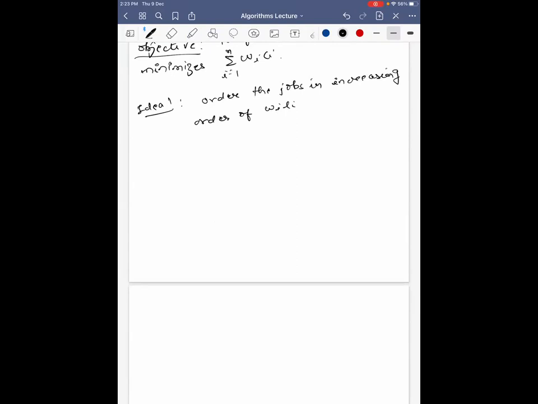So whenever you propose a greedy heuristic, you have to also show that it works. That is, it is eventually going to lead you to an optimal solution. Suppose I have this idea and I want to work with it.